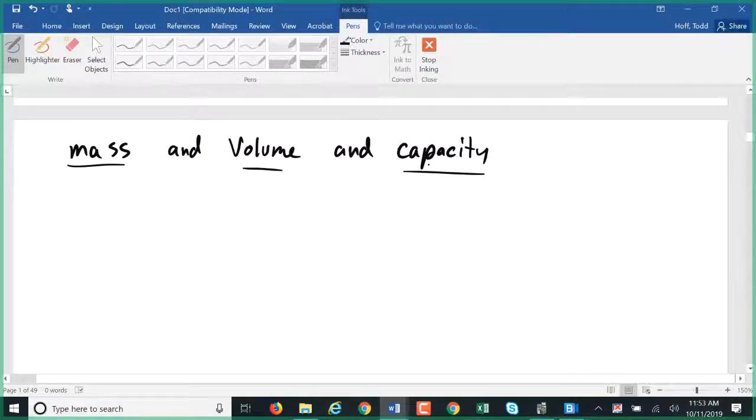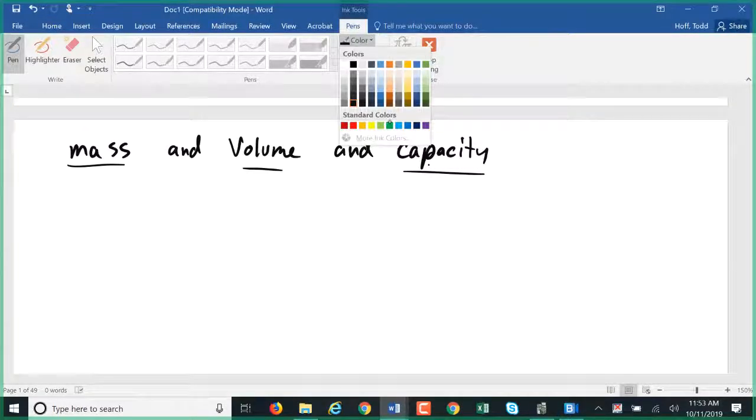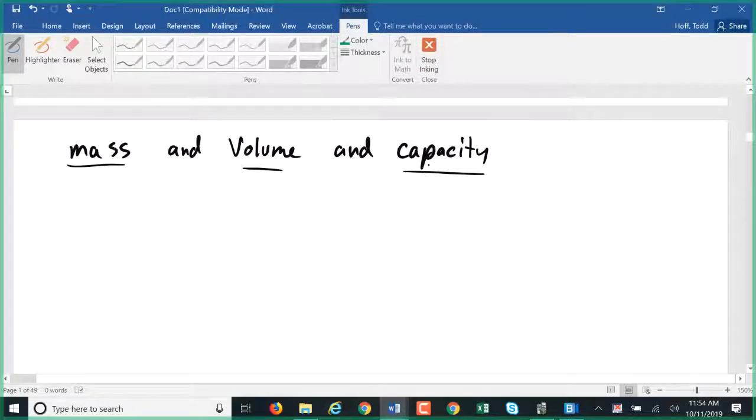Well, since the metric system was created rather than just evolved and adapted, we were able to force those units to have a relationship. In capacity, we use liters. In volume, we use cubic meters or cubic centimeters or whatever. And in mass, we use grams.